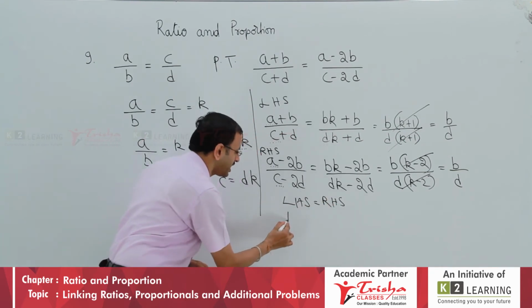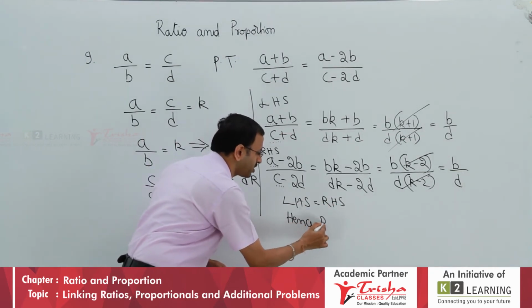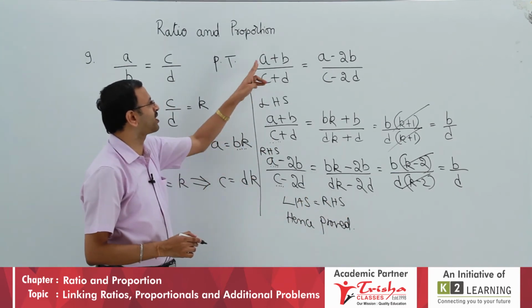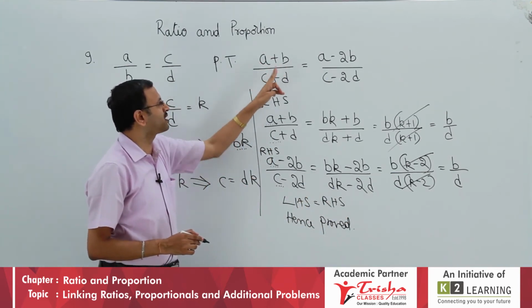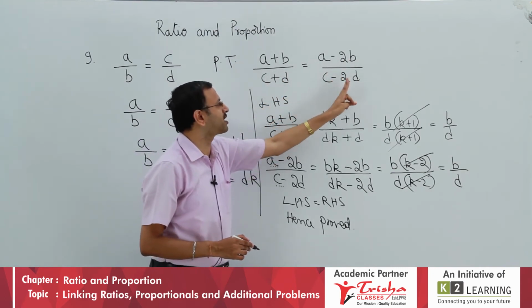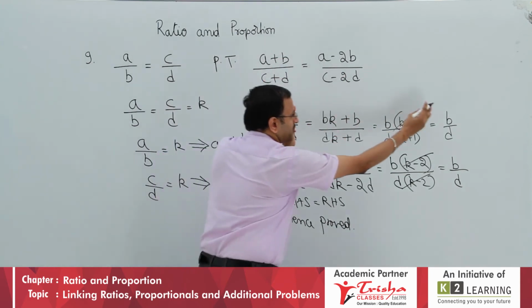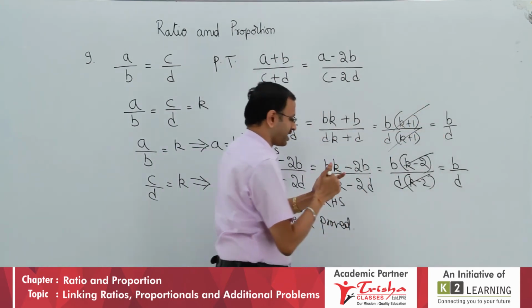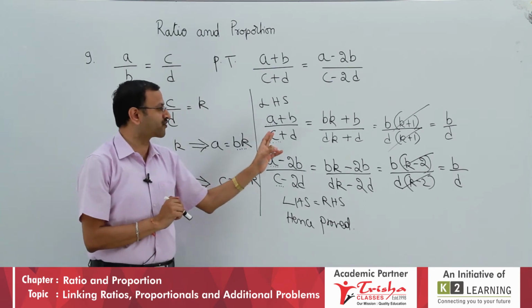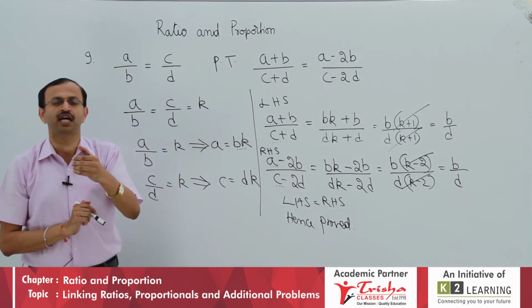You can write hence proved. What you proved is that the left hand side value and right hand side value are the same. Therefore you can write A plus B by C plus D is equal to A minus 2B by C minus 2D. This is also B by D, this is also B by D. So we concluded problem number 9, both left hand side and right hand side are matching, hence proved.